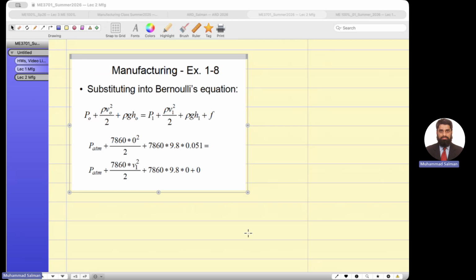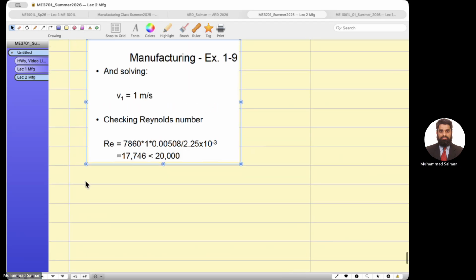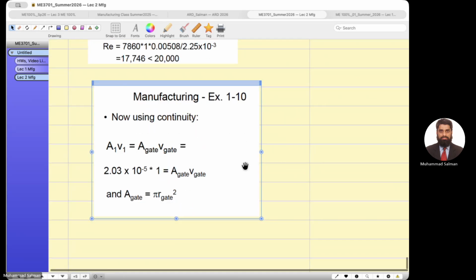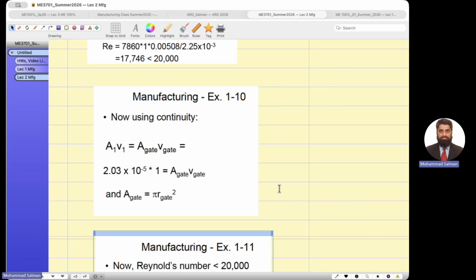And once you know the velocity, you can plug it in the Reynolds number and see whether the flow is less than 20,000. In casting, it is okay. And then the continuity equation will help you to move from the bottom of the sprue to the gate of the mold. Agreed? So that way you can find out the area of the gate entry. And then you can use Reynolds equation. You will have two equations.